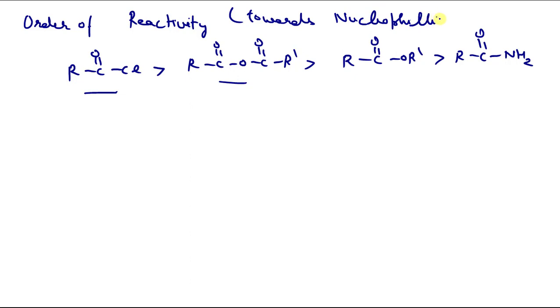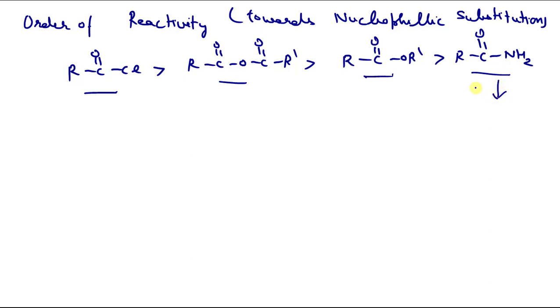Okay, so we are discussing nucleophilic substitution reaction, and this is the order of reactivity. We came to this conclusion from both the leaving group as well as the relative order of stability, which indicates that acid chlorides are most reactive, then anhydrides, then esters and amides are least reactive.